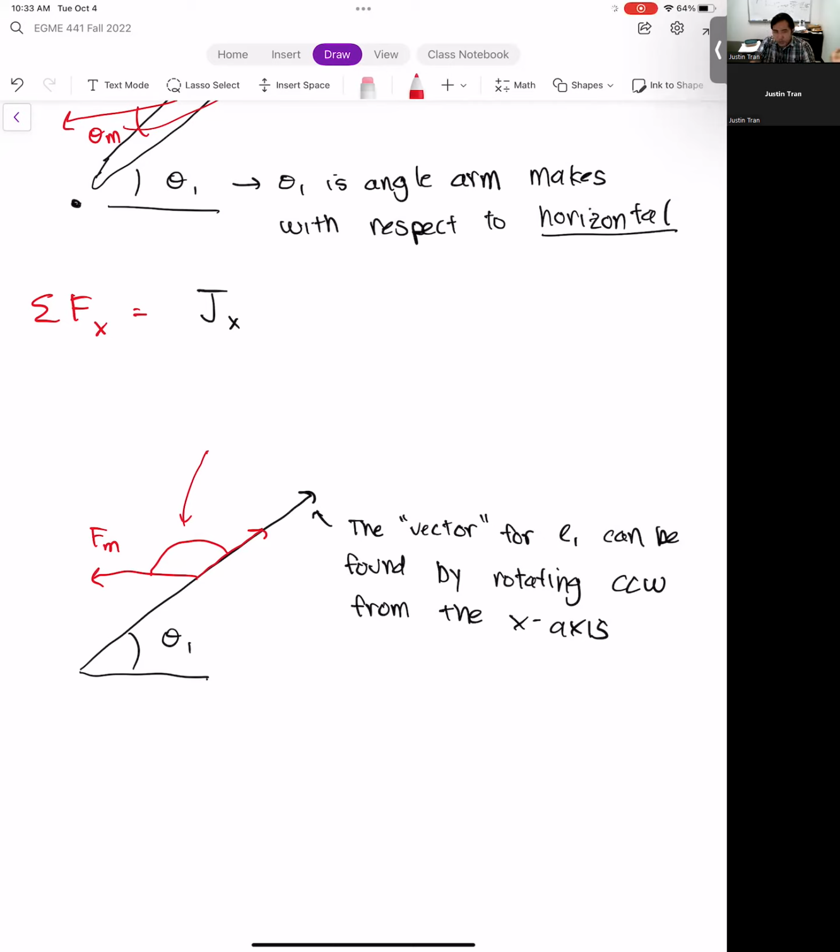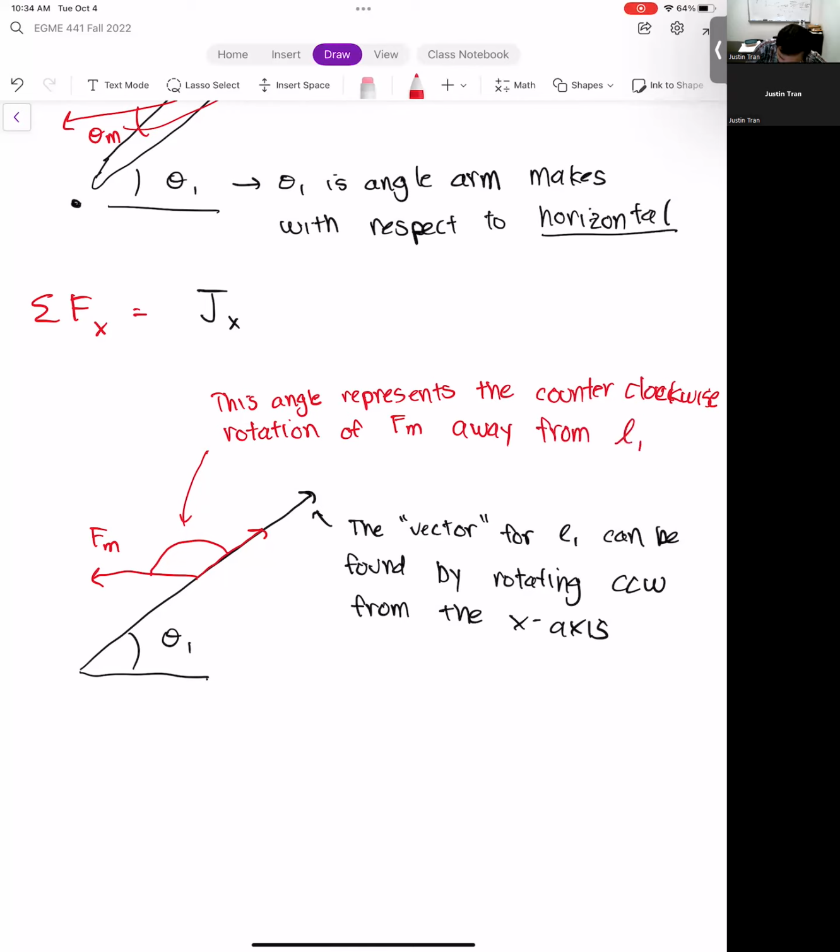It's this big, obtuse angle. This represents the counterclockwise rotation of FM away from the arm.